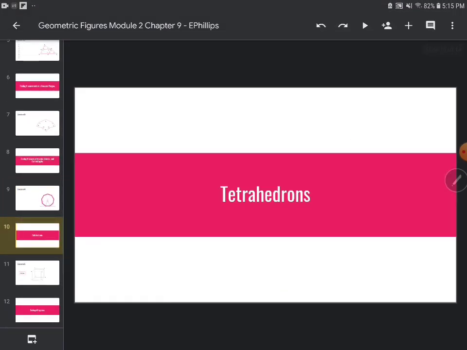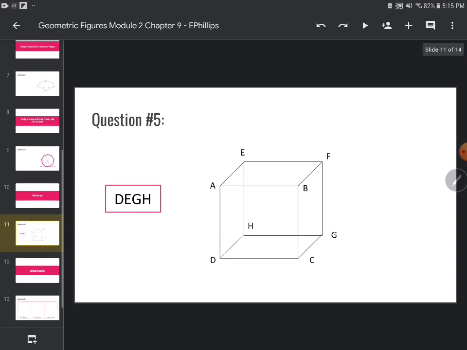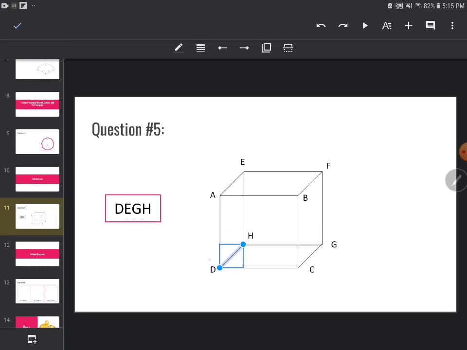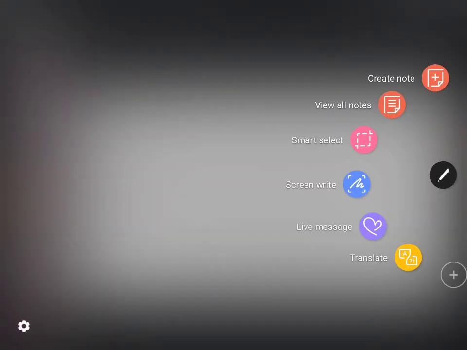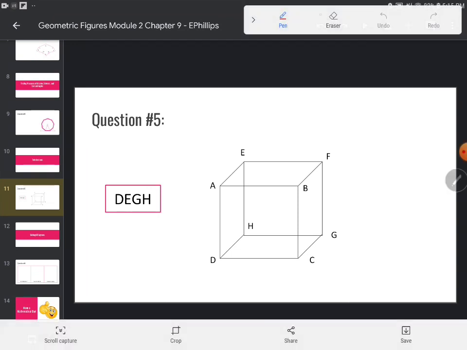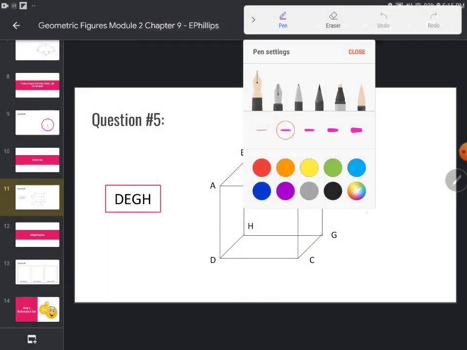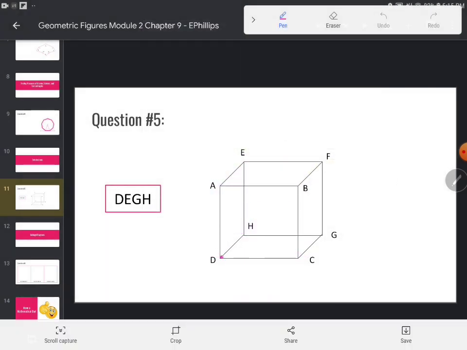Next, we're going to talk about tetrahedrons. For question 5, we're given a cube right here, and we need to find the tetrahedron DEGH. So what we're going to do is connect all of our points. We have D here. Whoops. Might help if I have my screen right up. We have D here.